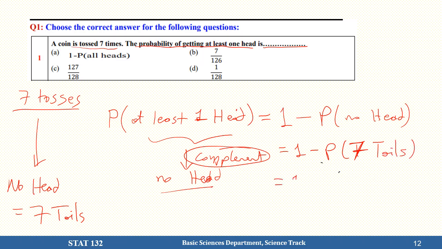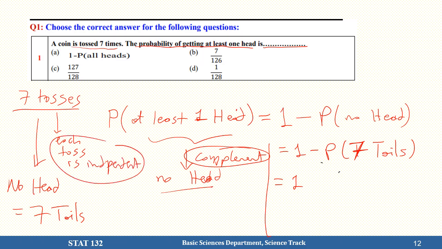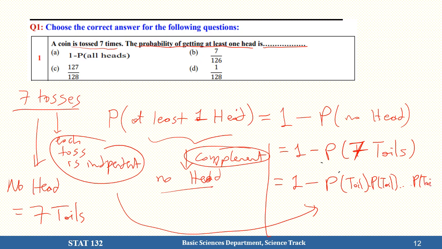Each toss is independent of each other. So now you can write this as the probability of getting one tail times the probability of getting another tail, and we can write it this way up to 7.